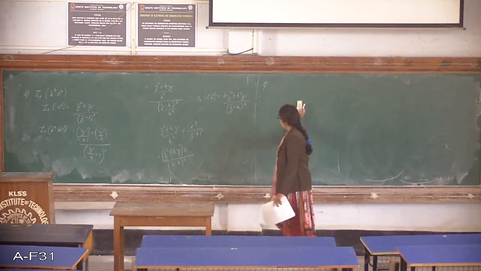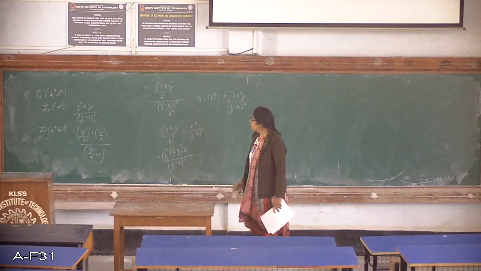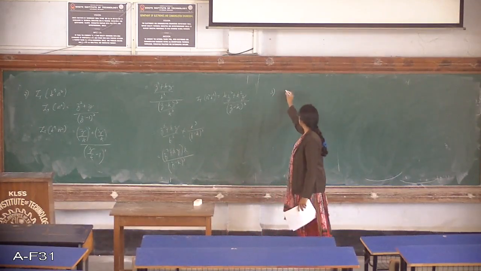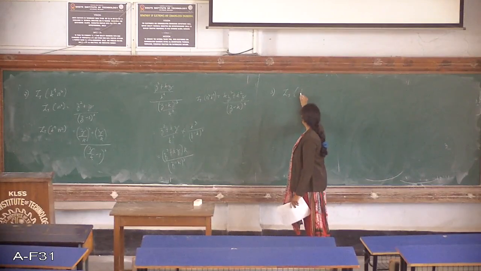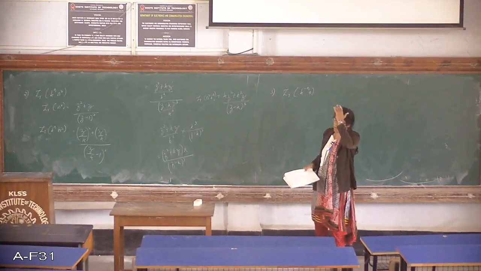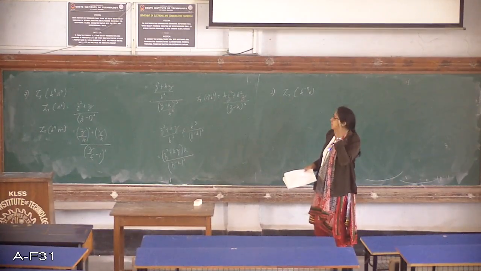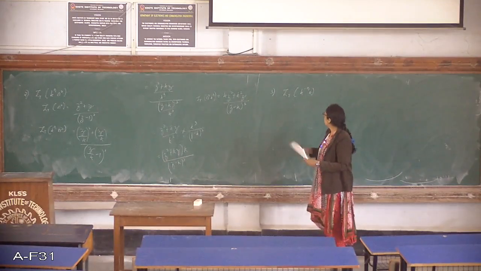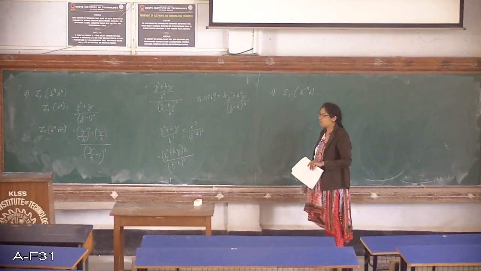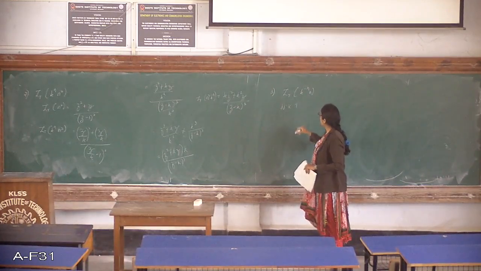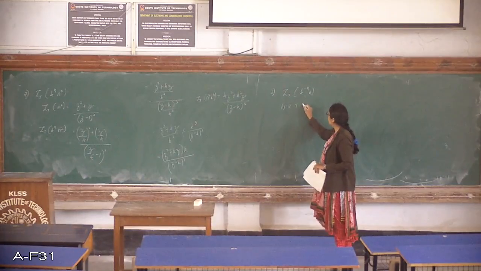Now, what can be the z transform of k raised to minus n into n? All this while we were discussing what happens when k raised to n is damped on n or n square. Now, if we have k raised to minus n associated, the fashion of solving it is similar, by making use of the damping rule.